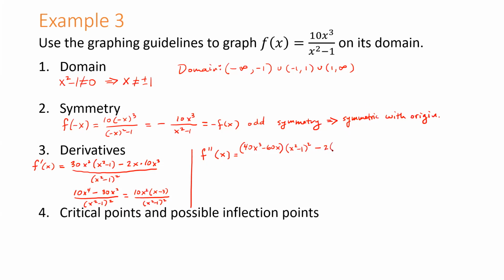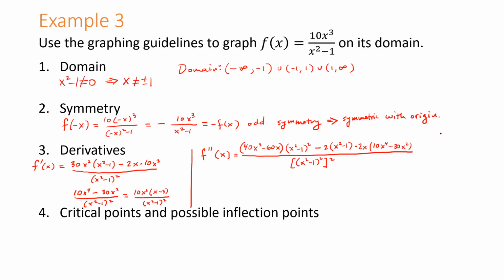So that'll be 2 times x squared minus 1, and then chain rule, so we multiply by the derivative of x squared minus 1, which is 2x. And then multiply that by the numerator, 10x to the 4th minus 30x squared, all over x squared minus 1 squared squared.